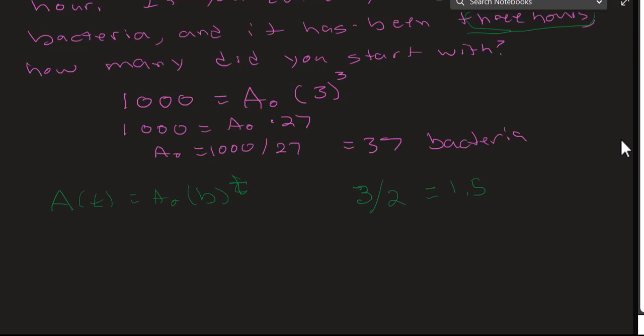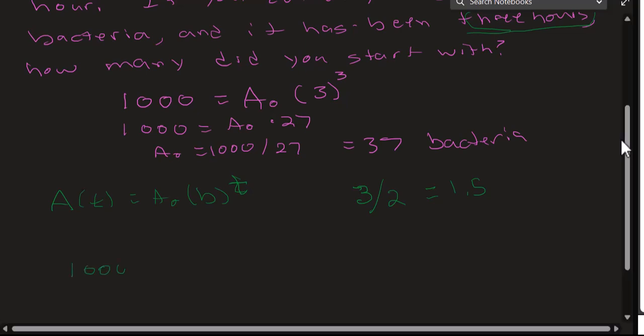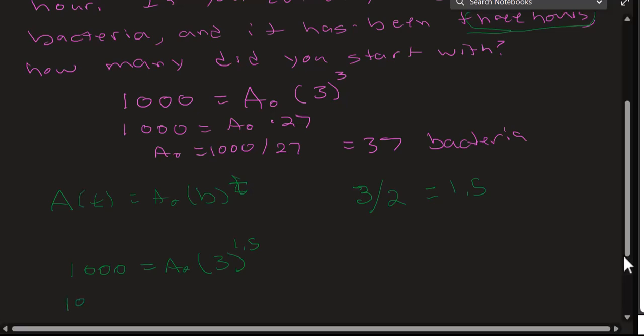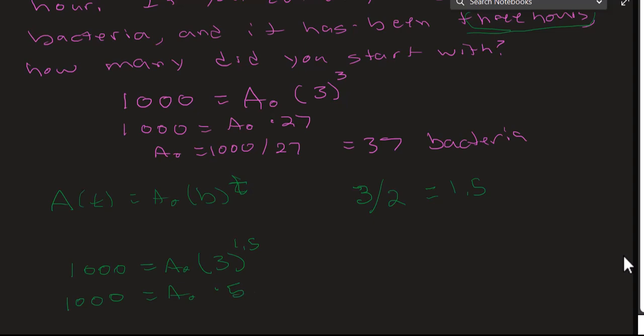And so I would work the problem with 1,000 equals A naught times 3 to the 1.5, and that is 1,000 equals A naught times 5.196, and then divide both sides by 5.196.